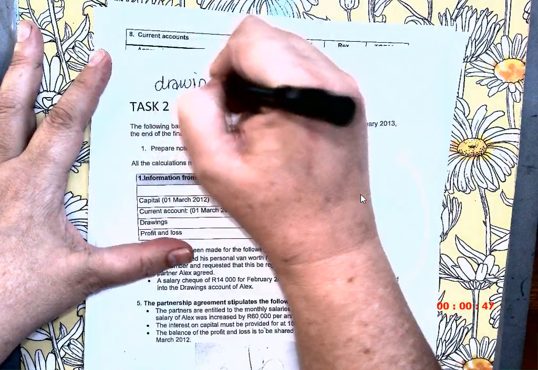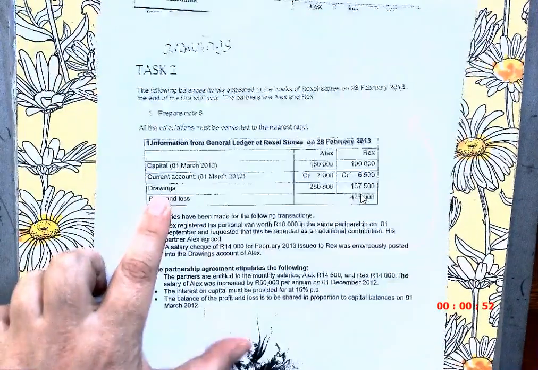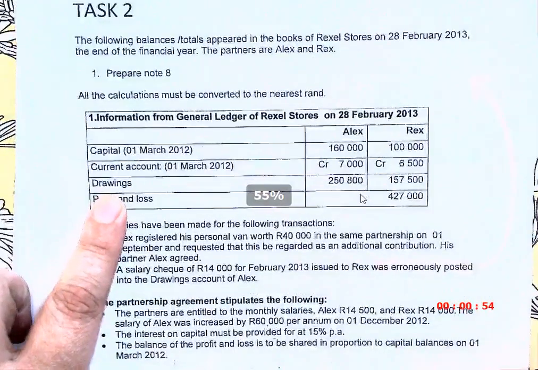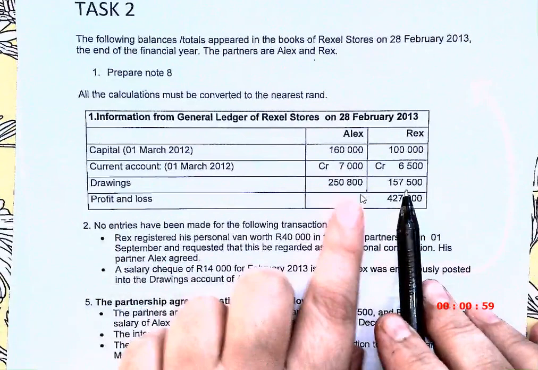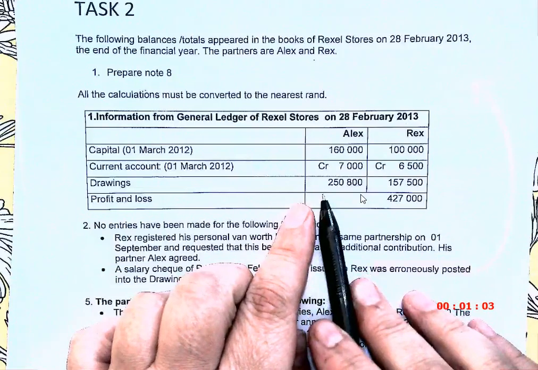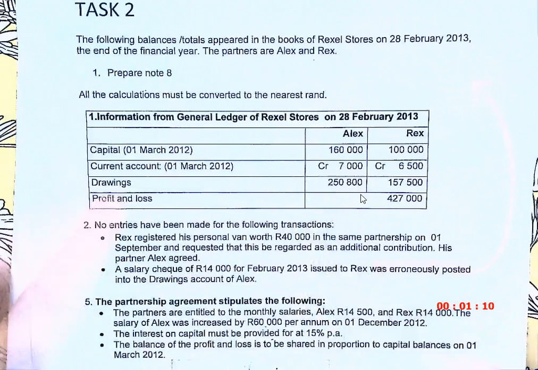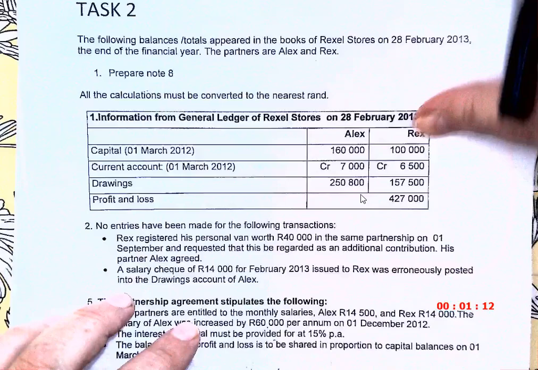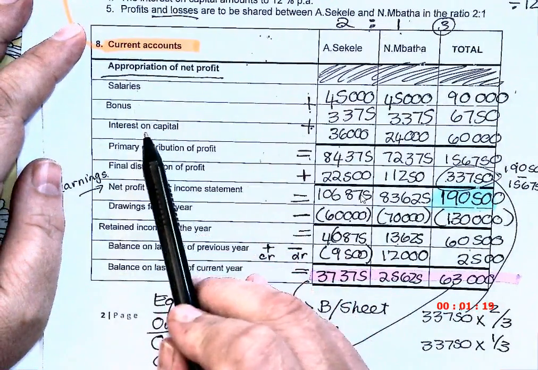So in other words, if I look at that here, can you see they gave me the information like this, in columns? So if I look at the drawings there, it means Alex took 250,800 already. Now you might say, oh, but that's a lot of drawings. But remember, that drawings includes, when I do the note like I did yesterday here, anything he takes from that salary, bonus, or interest.